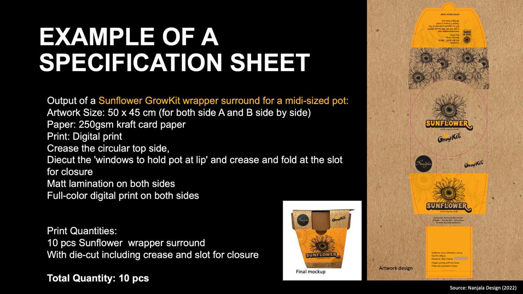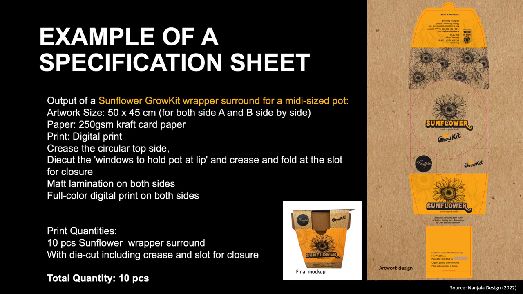For the print technique, because the consideration is small quantities, the designer or the client has recommended a digital print, meaning it will be quick, fast. There are instances where creases need to be done, so the designer has mentioned to crease the circular top side. There are also die cuts to be made, and therefore the designer has also described where the die cuts occur.